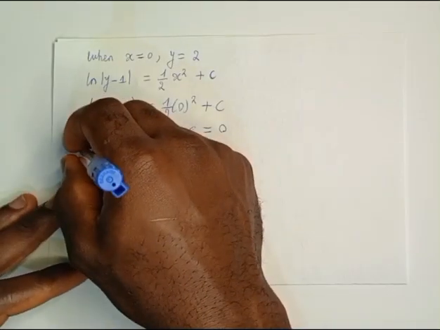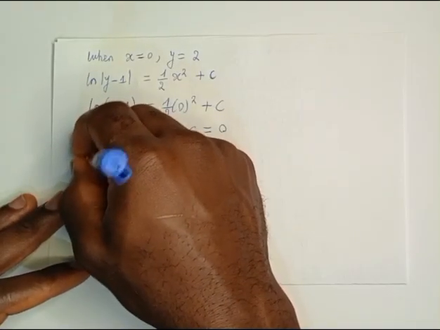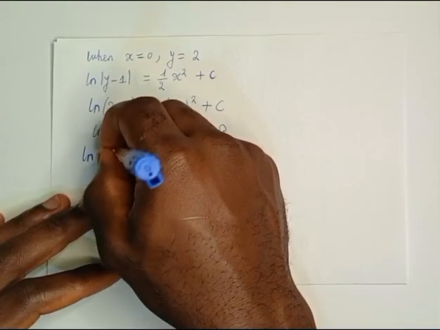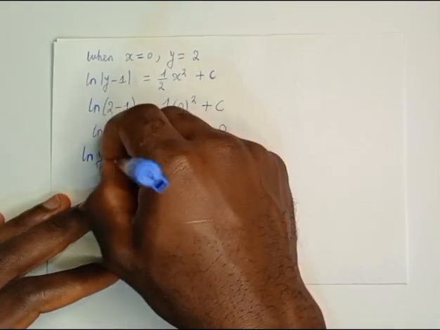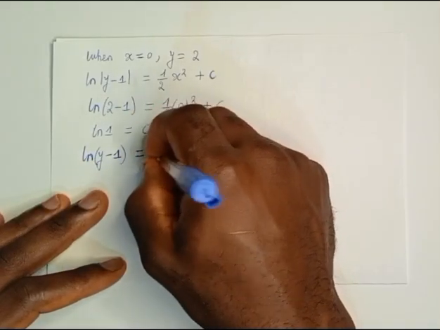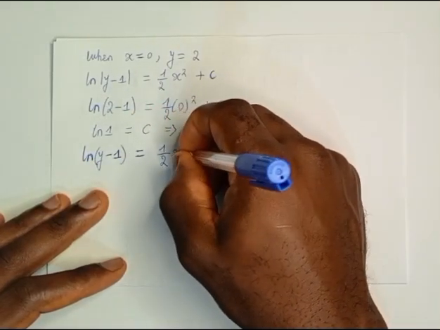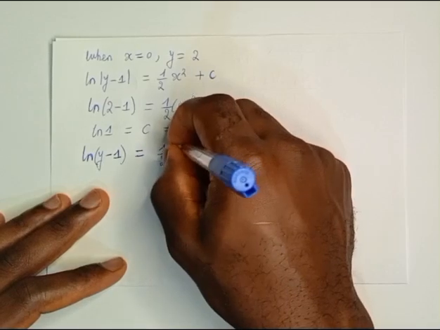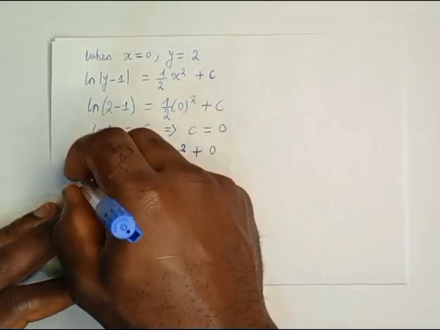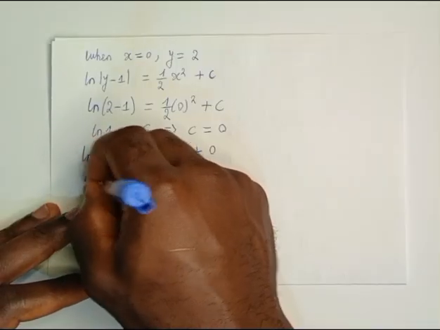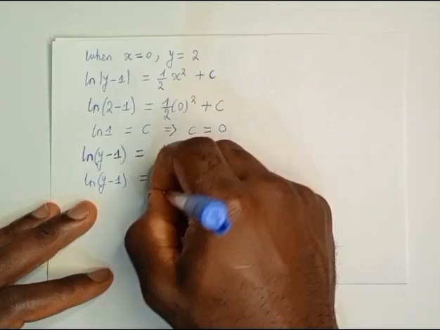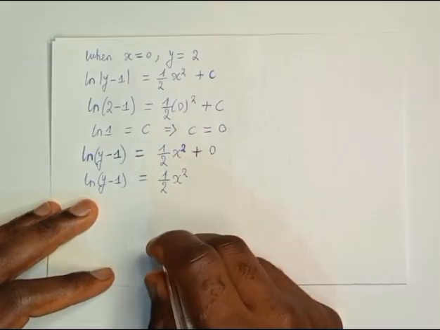This will give us the ln of y - 1 to be equal to a half x squared plus c, which is 0. This is the same as ln(y - 1) = (1/2)x².